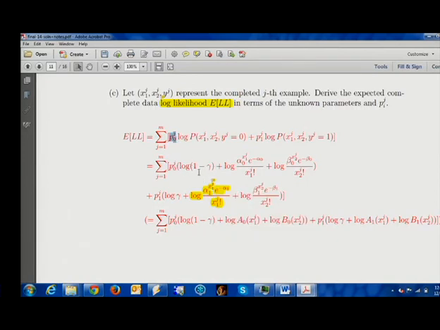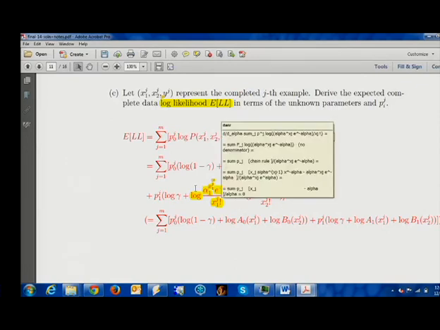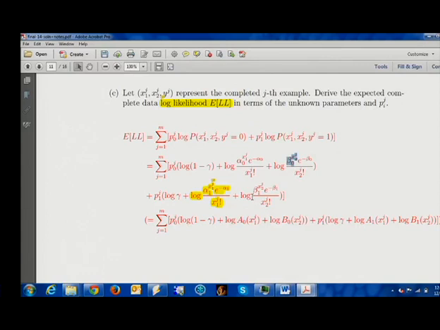And then the case of 0 is the product of 1 minus gamma, the probability with x1, and the probability with x2. So one term is with alpha 0 and x1, another one is with beta 0 and with x2. And the same thing is going to be here with alpha 1, beta 1, and with the other x. So that's it. That's the expression that we get.